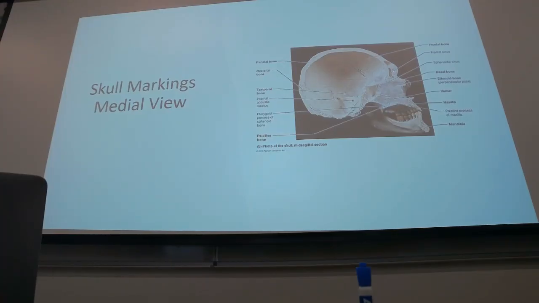And then something that you can see is the sinuses, like this is the frontal sinus in the frontal bone. And then here we have the ethmoid with these little holes, which are the ethmoidal cells. And then the sphenoid, which will be here in the body, has this sinus, which is the sphenoidal sinus.